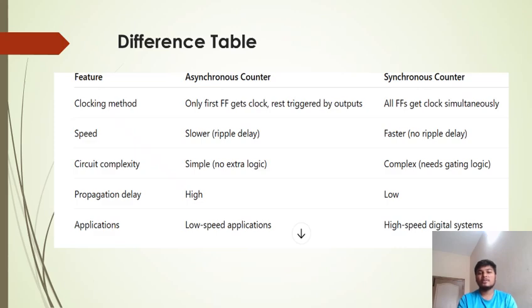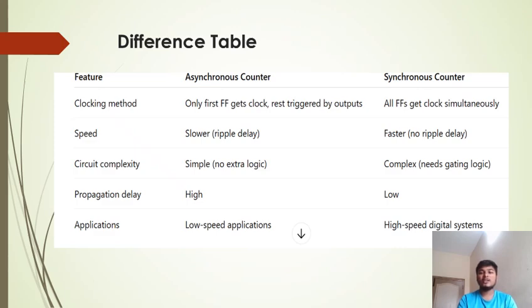Circuit complexity is very simple for the asynchronous counter because it needs few logic gates. Synchronous needs some logic gates, so the circuit is somewhat complex. Propagation delay is very high for the asynchronous counter. Synchronous counter has low propagation delay. Asynchronous counters are used for low-speed applications.